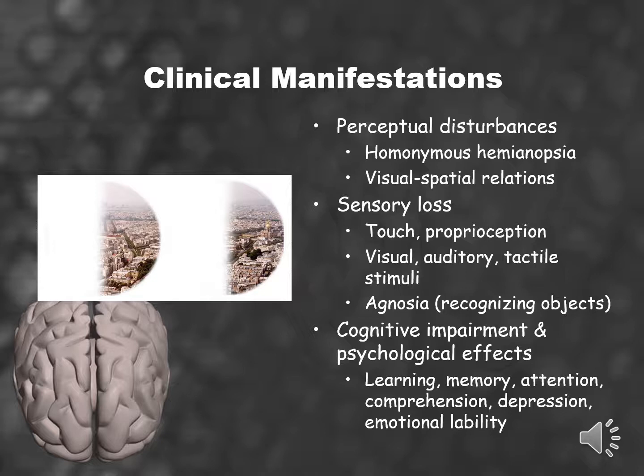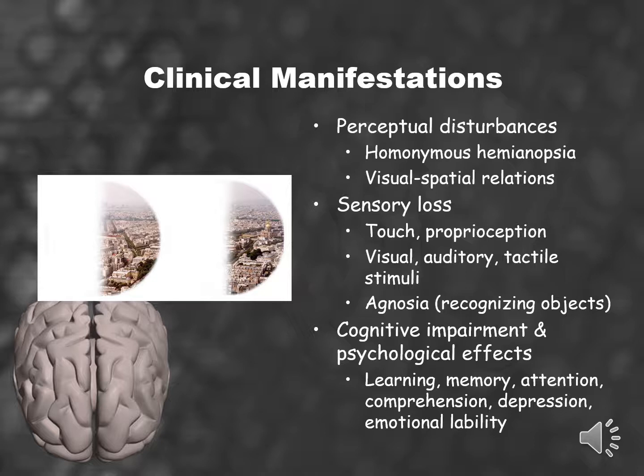A big thing we would have to teach patients who have this is to make sure that they're scanning. For example, if we put a plate in front of them with their dinner, they would only be able to see half of that dinner. So we either just put food on that half of the plate, or we teach them to scan their eyes on both sides so they're able to see everything. A lot of them also have issues with visual spatial relations.